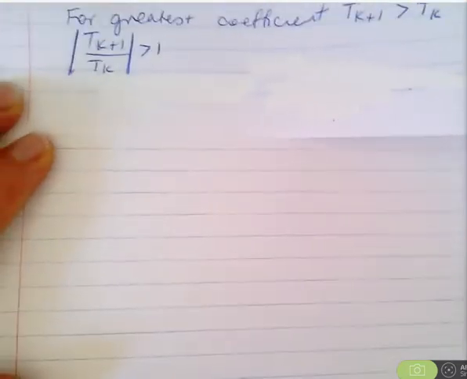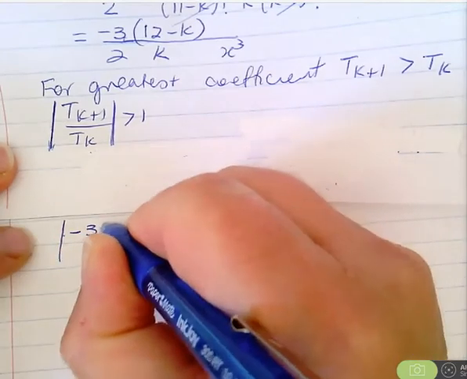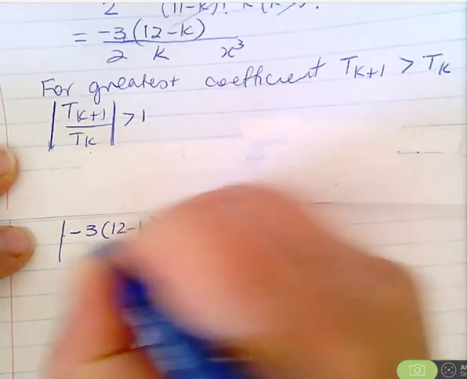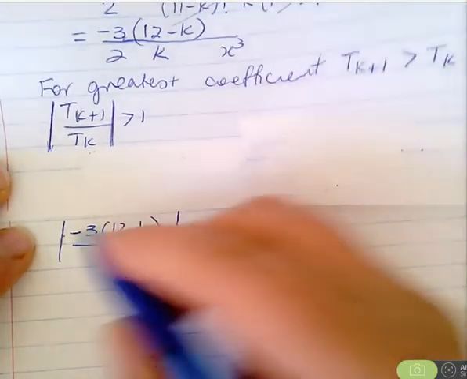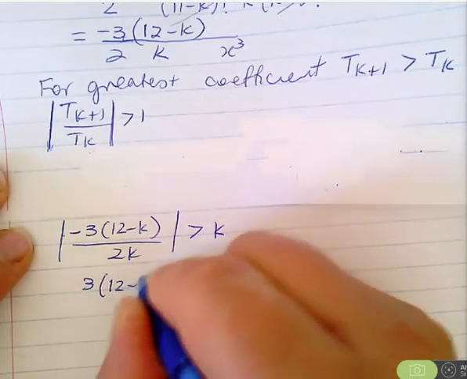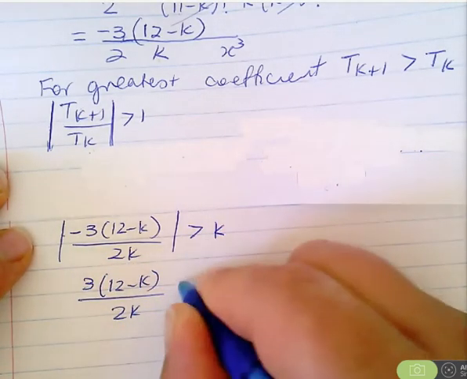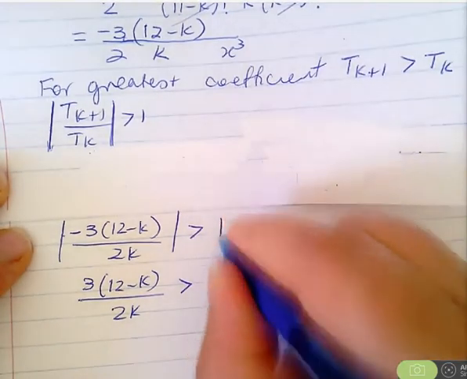So the greatest coefficient, you have to find the absolute value of this. It's greater than 1. And just putting our result in, we've got absolute value of -3 times 12 minus k over 2k is greater than 1. Now, we just get rid of this negative here. It'll be 3 times 12 minus k over 2k is greater than 1.